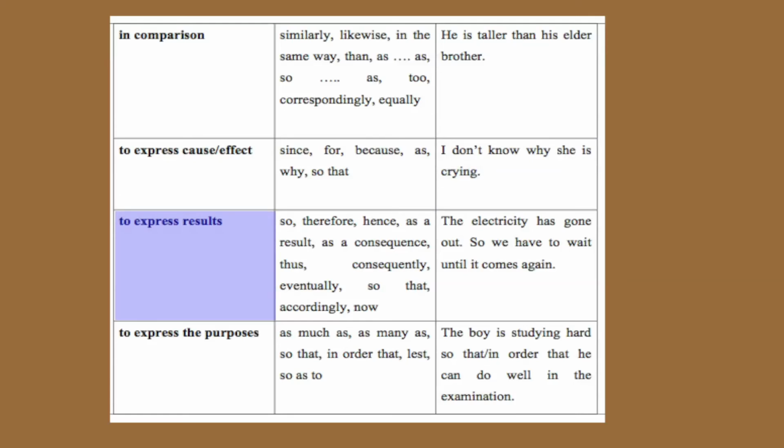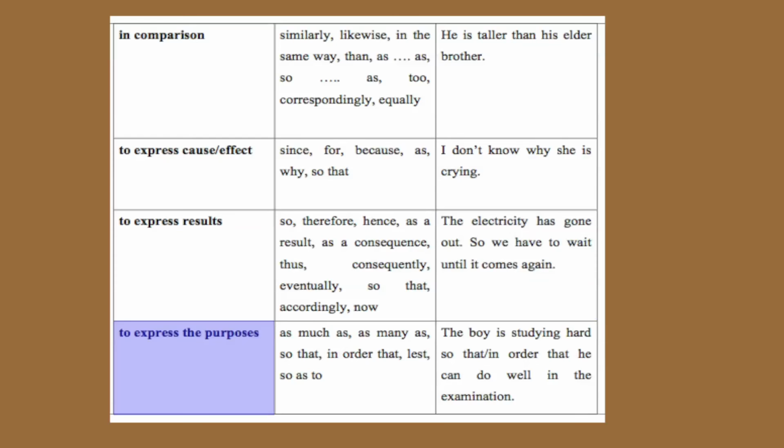To express results, so, therefore, hence, as a result, as a consequence, thus, consequently, eventually, so that, accordingly, now are used. The example is, the electricity has gone out, so we have to wait until it comes again. This so is working as the transition here.